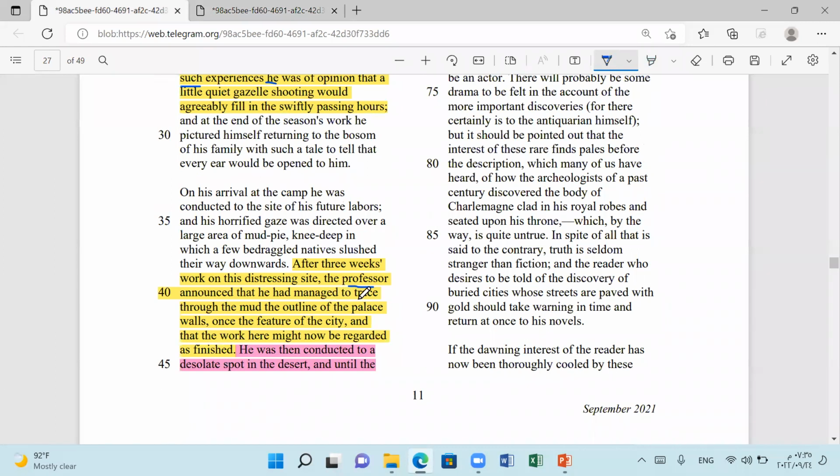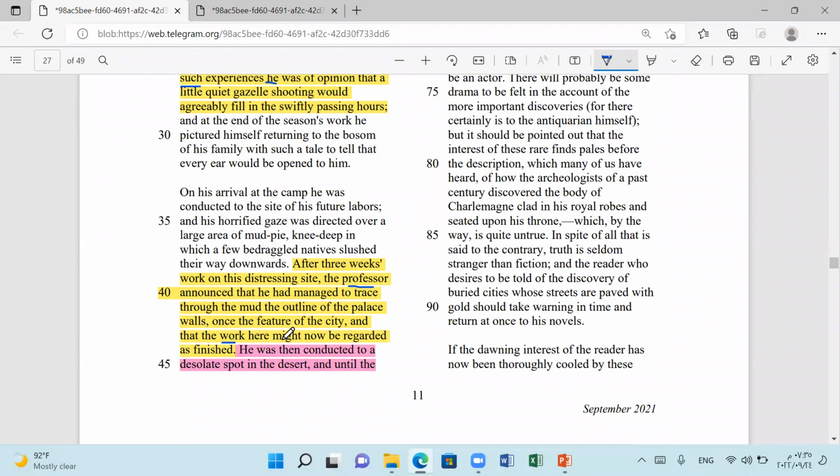He had managed to trace through the mud the outline of the palace walls, once the feature of the city, and the work is the main focus here. I'm not asked about the work. One of the main important things to help you recognize the main focus of a sentence is to check the subject of the main verb. The subject of the main verb.